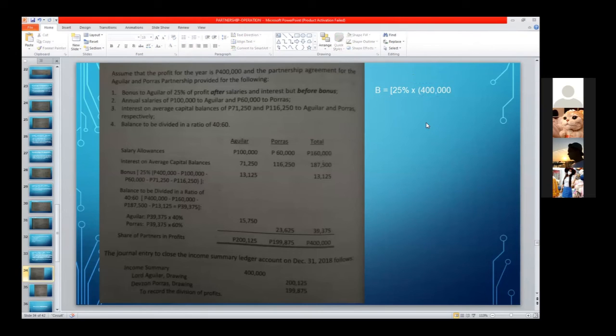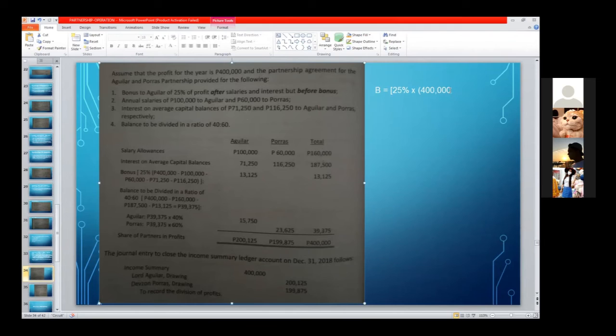Ituloy natin saglit ito. So meron tayong annual salaries na 100,000 kay Aguilar and then meron tayong 60,000 kay Porras. Tapos meron tayong interest on average capital balances na 71,250 and 116,250 kay Aguilar and Porras.